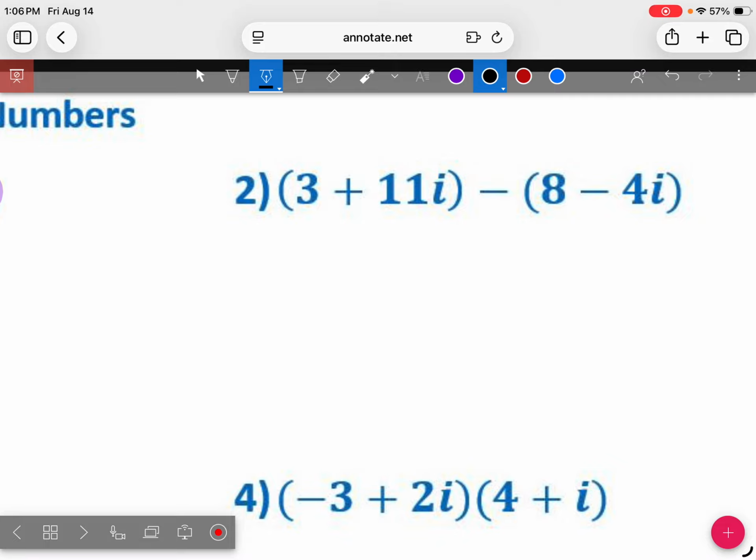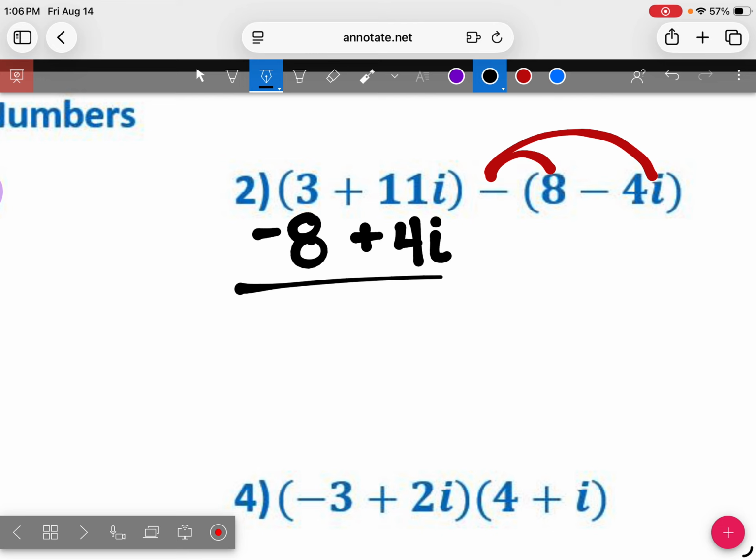So what I like to do, and it's up to you if you learn different ways, is distribute the negative. So that's going to change this to a negative 8, and it's going to change my negative 4i to a positive 4i. All right, go ahead and combine your like terms.